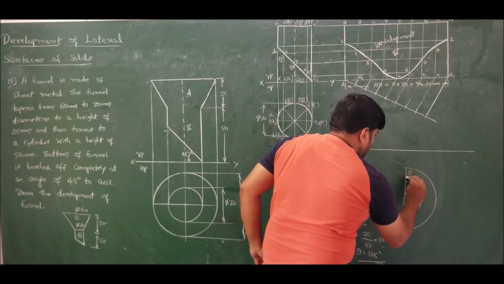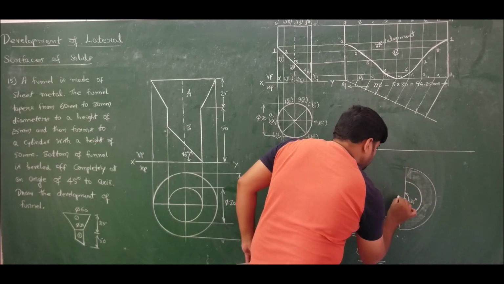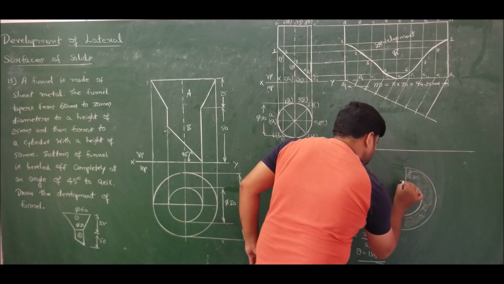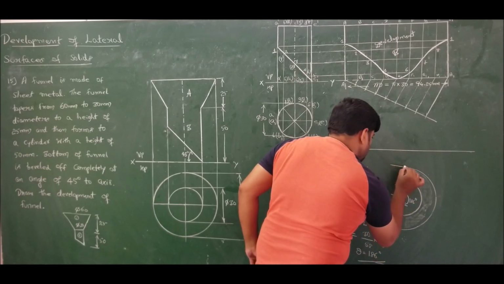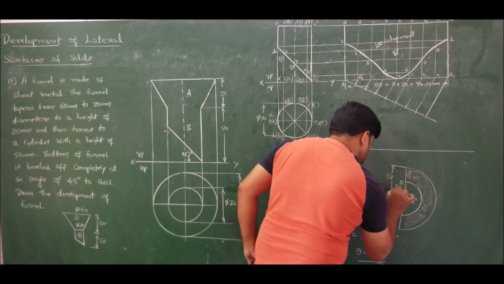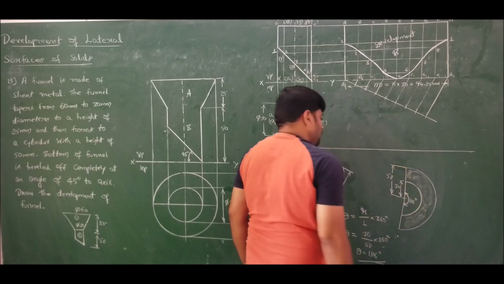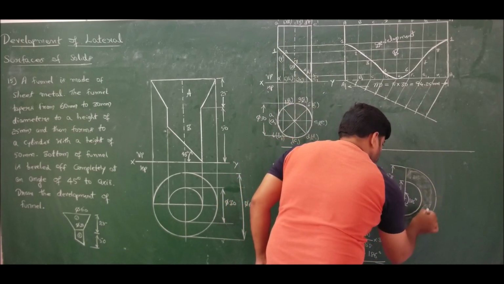So this is the required development of cone, right? From here till here it is 30, and from here till here the radius is 58 mm. So this is the required development of cone.